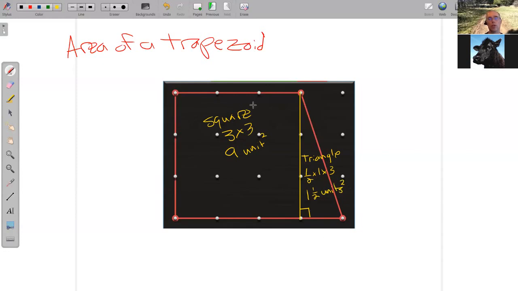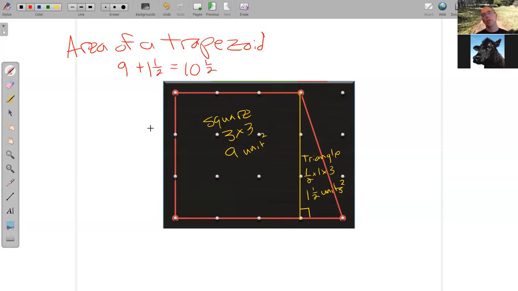And so my trapezoid altogether must be the sum of those. So the area of this trapezoid must be 9 plus 1 1/2. So it must have an area of 10 1/2.